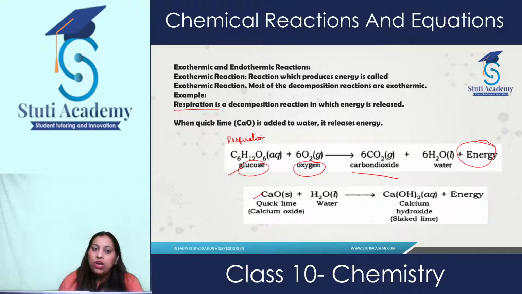Another example of an exothermic reaction is quicklime, another name of which is calcium oxide. When calcium oxide reacts with water, it results in the formation of slaked lime, or calcium hydroxide. And when this reaction takes place, it also results in the release of energy. So whenever there is energy release or production of energy, we call it an exothermic reaction.